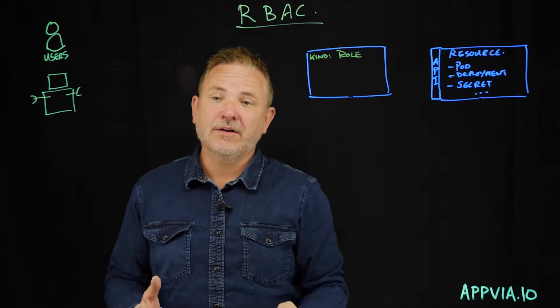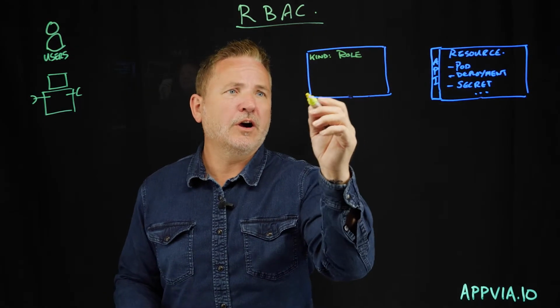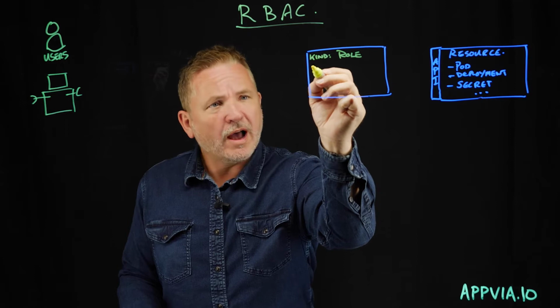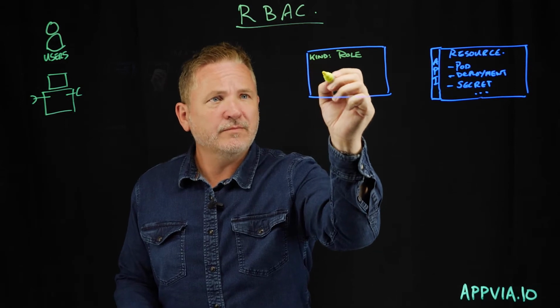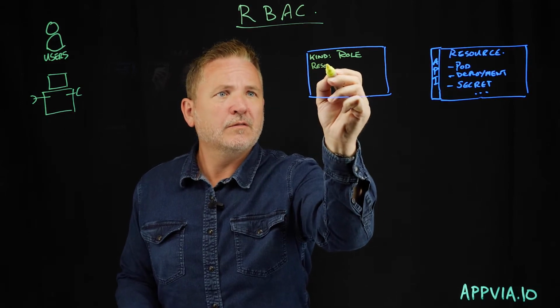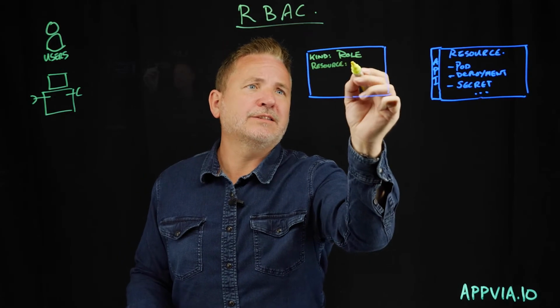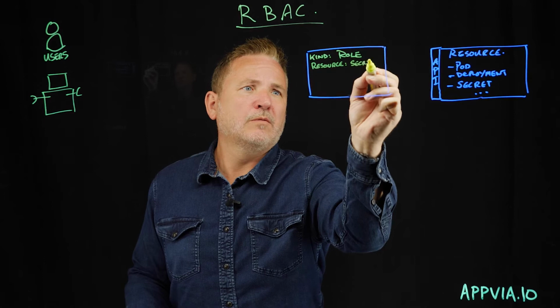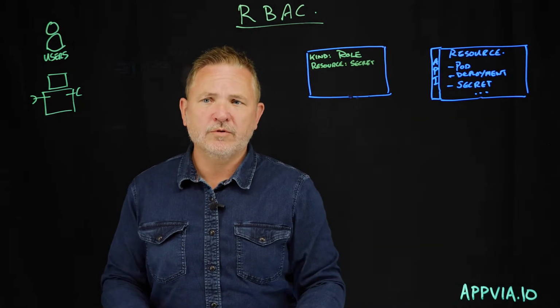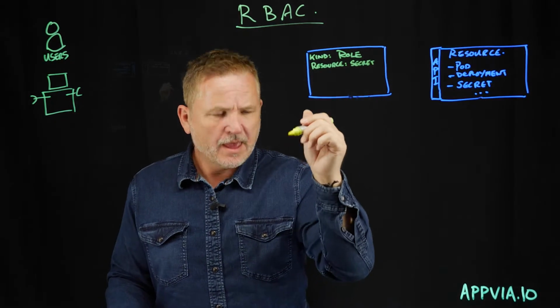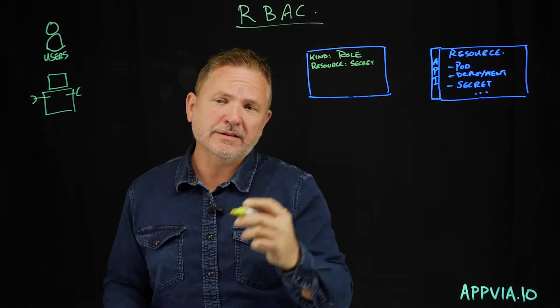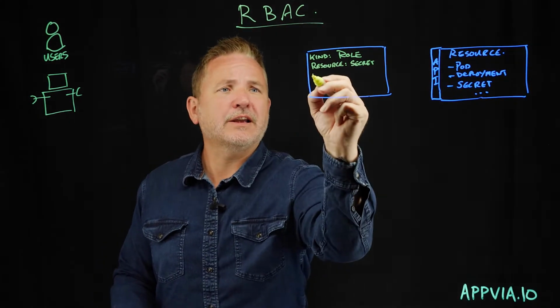And this is the data that you'll have inside of the RBAC. We will have the resource that we're protecting. So in this case, let's say we're giving access to people through a role to access secrets. We'll have a namespace attached to the role, and I'll come back to that in a second.